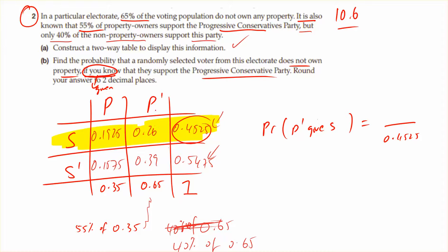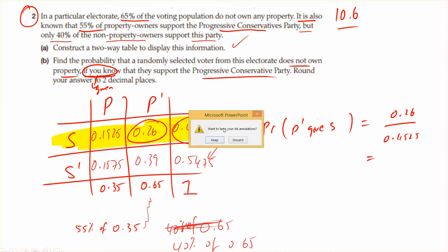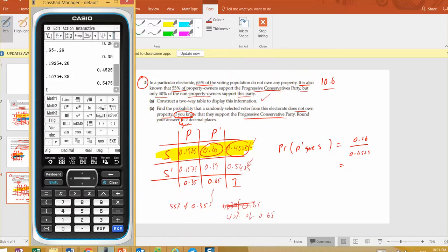Not own property, 0.26. Let's work this out. So I need my CAS calculator, 0.26 divided by 0.4525, so 0.575. Okay, to 2 decimal places, 0.57.